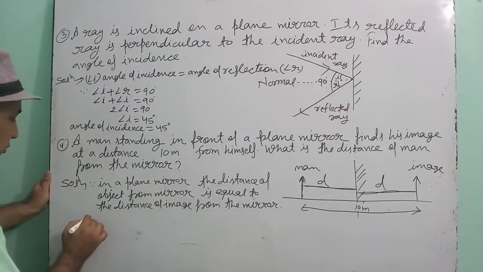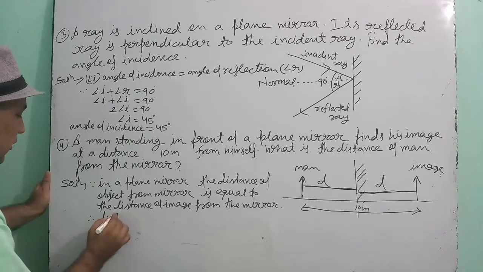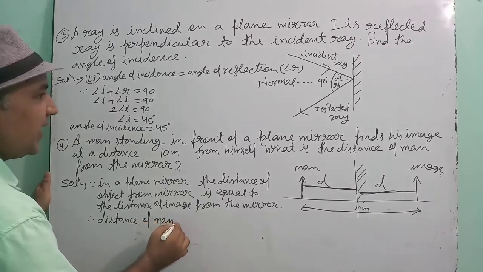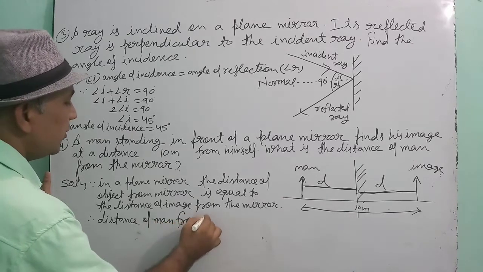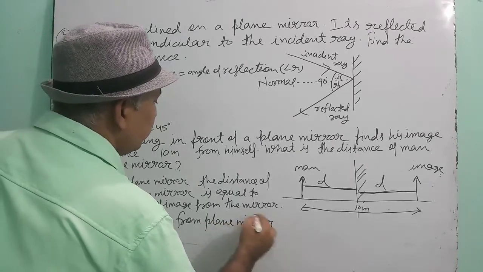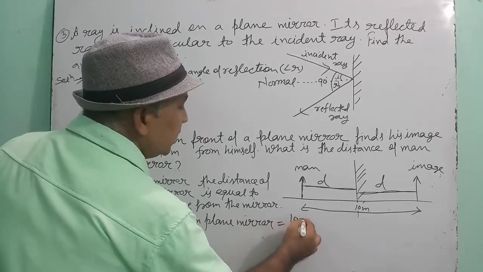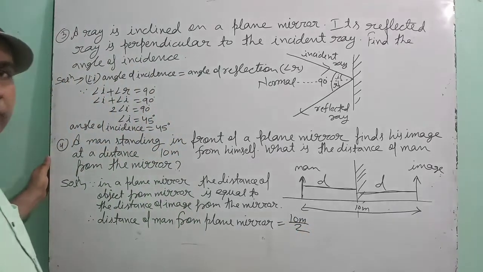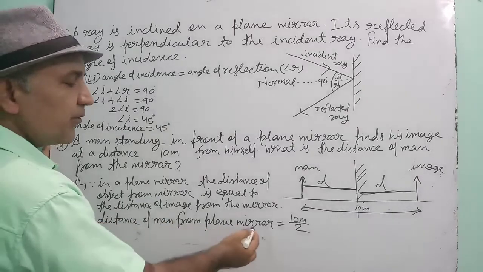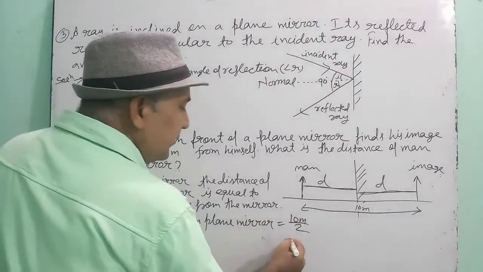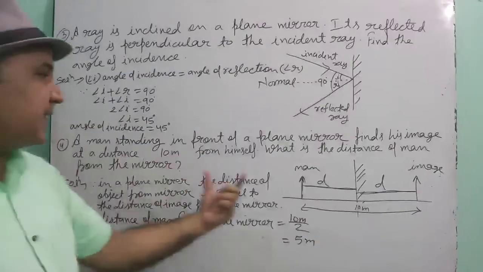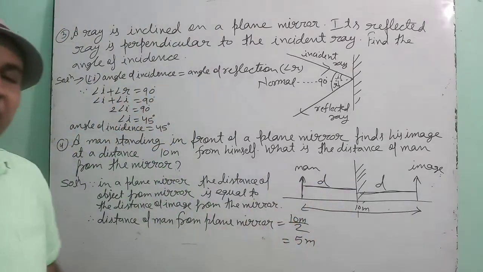That means according to the question, the distance of the man from the plane mirror should be 10 meter upon 2. That means 5 meter. The distance between the man and the mirror should be 5 meter.